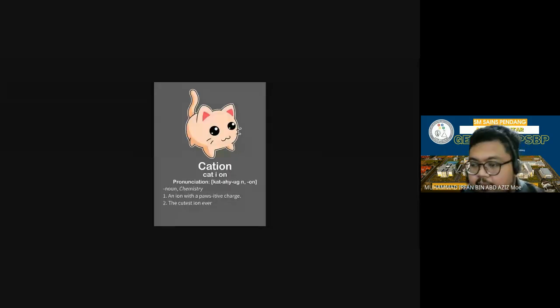Alright, this one. Okay, kalau positif, the ion is positive, kita panggil sebagai cation ion, means dia donates electron. Kalau dia negatif, baru kita panggil sebagai anion.